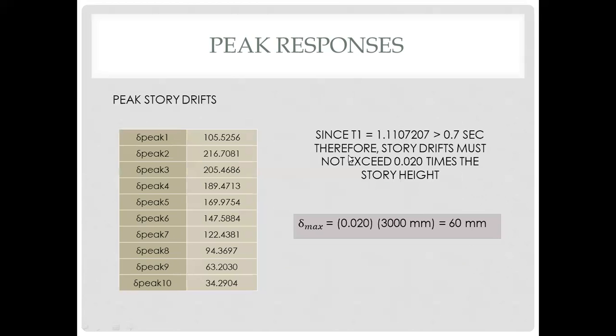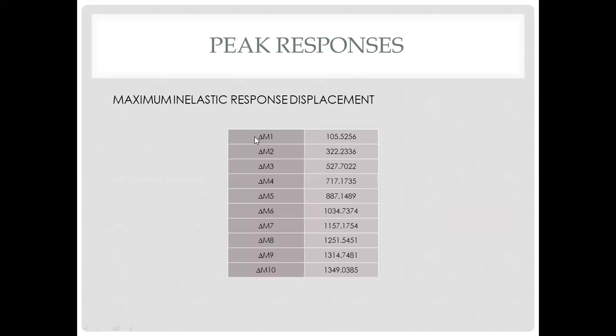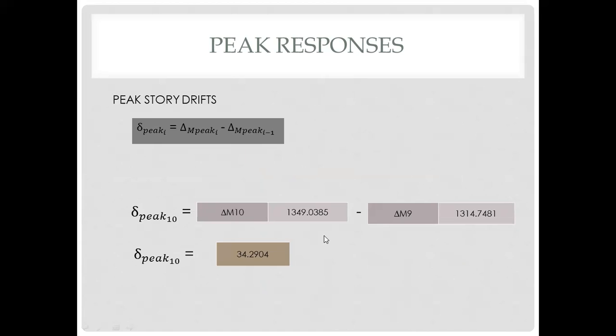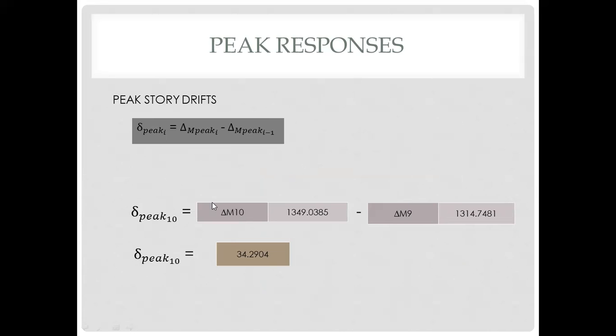And then, next is, solve na natin yung peak story drifts. So, since na-solve na natin to, kukunin na natin to. So, magsisimula tayo sa peak story drifts 10. So, pataas tayo, hindi tayo pababa. Galing tayo baba. So, peak story displacement 10 minus peak story displacement 9.